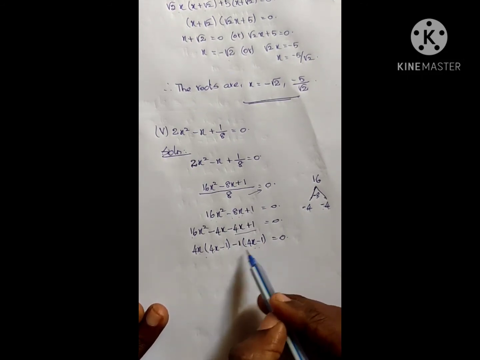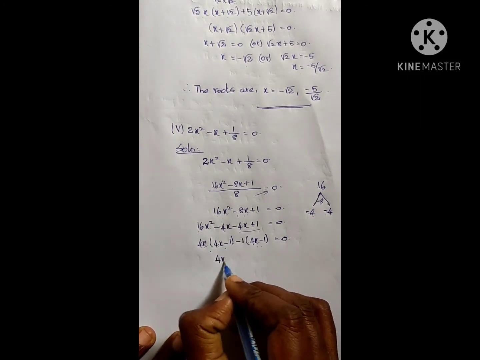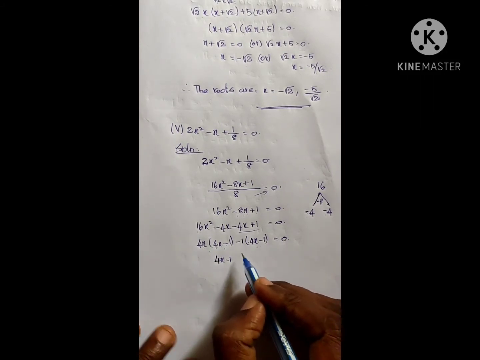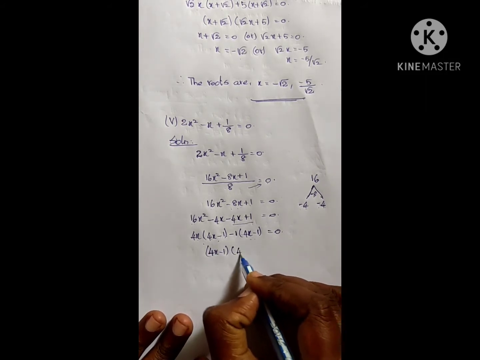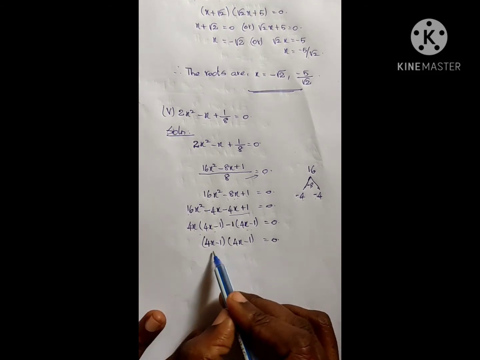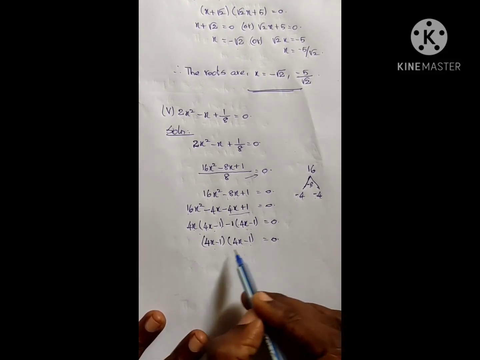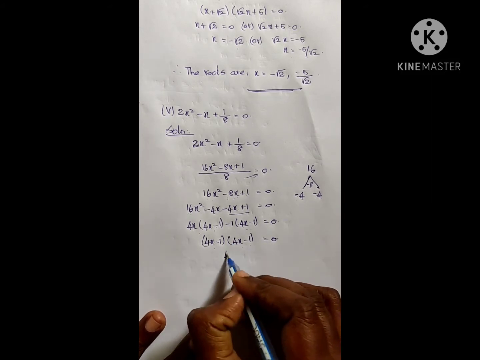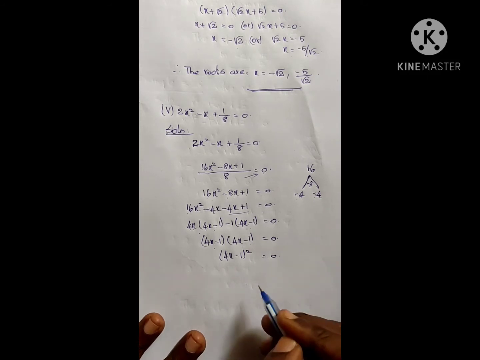Now from these two terms we will take (4x - 1) outside. So this becomes (4x - 1) into (4x - 1) = 0. Now see here (4x - 1) into (4x - 1). So we write this as (4x - 1)² = 0.